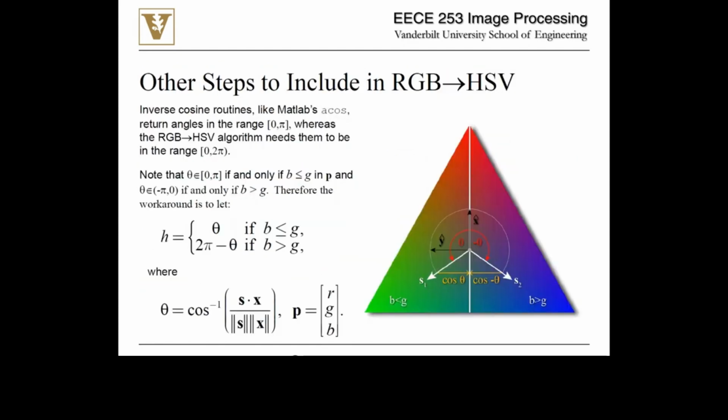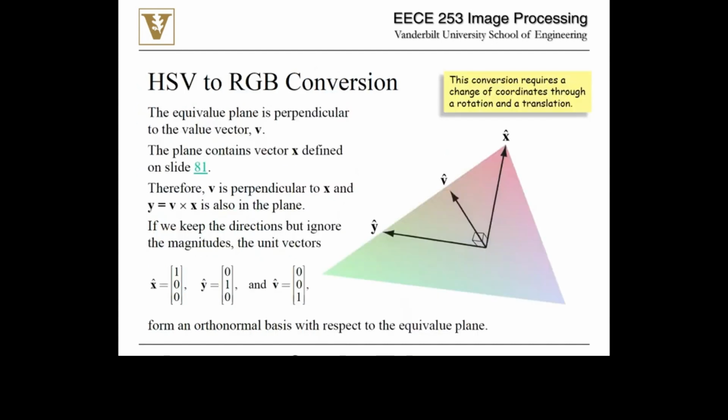Okay, so just for completeness, let's say that we want to go back. So I want to go from an HSV representation to an RGB code. Okay, so let's think of a coordinate axis that is defined on my plane. So I have my plane, my triangle.